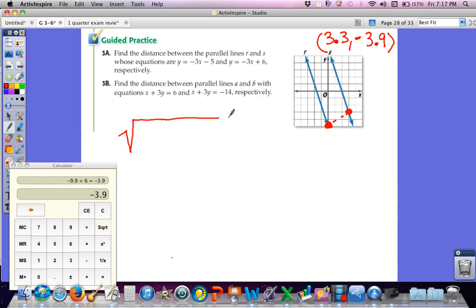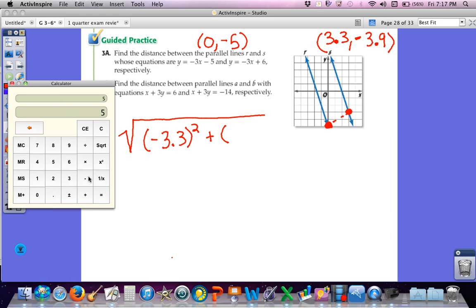I'm going to use the distance formula. Okay, this point here was (0, -5). So 0 minus 3.3 is -3.3 squared, plus -5 minus, oh, I almost messed that up, -5 minus a -3.9 is the same as adding.